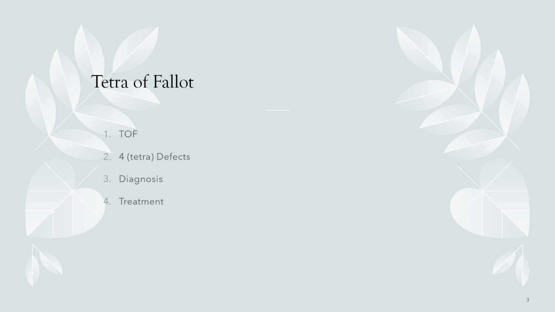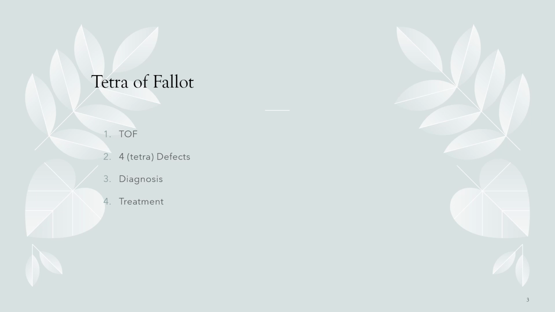So these four defects are as follows: pulmonary stenosis, a large overriding aorta, which is a heart condition in which the patient or child is born with the aorta in the wrong place. This can vary, meaning sometimes it sits near the RV side and sometimes it can be closer to the LV side.